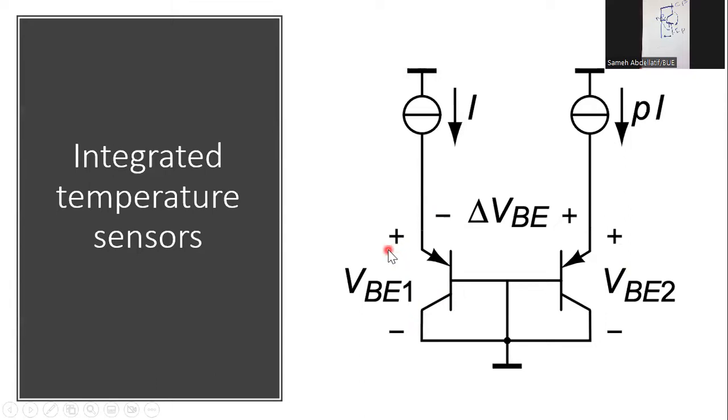It seems that these two transistors are not identical. This is simply because when you go to the conducting current, you will find that there is a difference in the conducting current. So here we have a current source which is denoted by I, and this is another current source with I multiplied by some ratio equal to P. So these two are not identical.